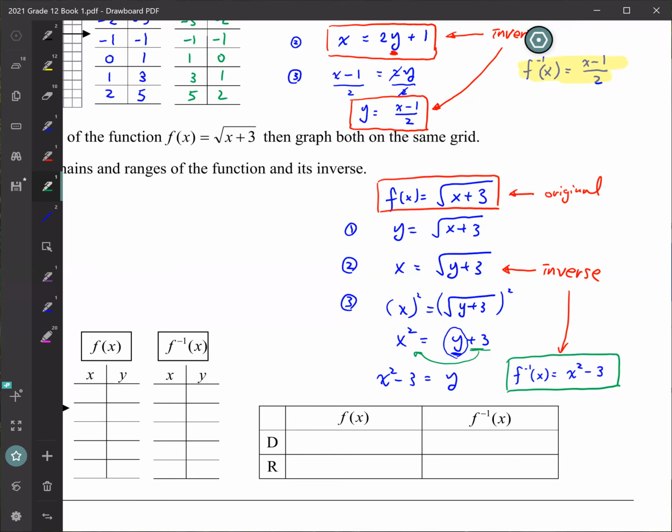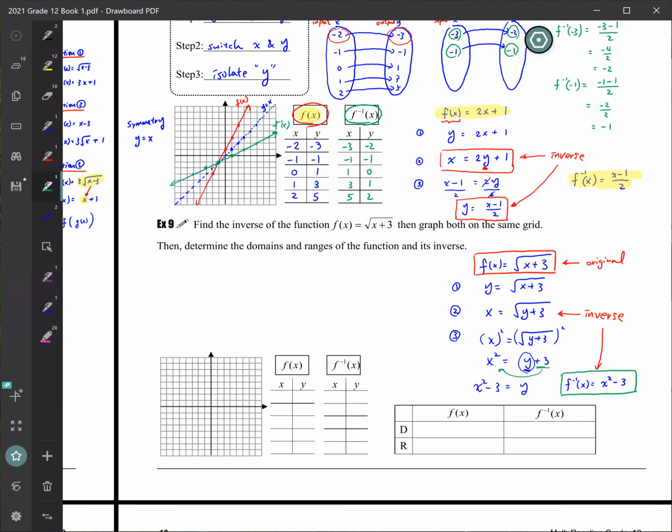Now let's talk about the graphs. Chris, Eric, and Evan, are you guys done? Okay, let's look at the graphs now. We are trying to graph the f of x. F of x is called a radical function, right?